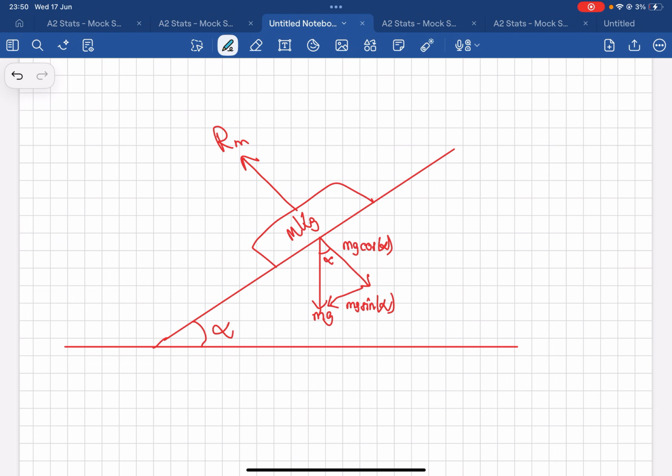The slope has friction, therefore this friction acts against the box. So let's say our box is accelerating this way. Friction is also mu R, and it's mu R when we are in limiting equilibrium, so when the box is on the verge of moving.